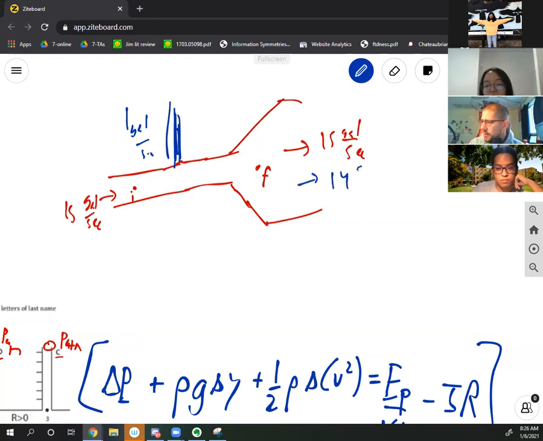Then I'd be having 14 gallons per second on this side. So the fact of the matter is, as long as I'm keeping track of all of my fluid flow between my initial and final points, then continuity is conserved. Like I have volume conservation. So if I were keeping track of this 1 gallon per second, plus this 14 gallons per second over here, I still have 15 gallons per second.